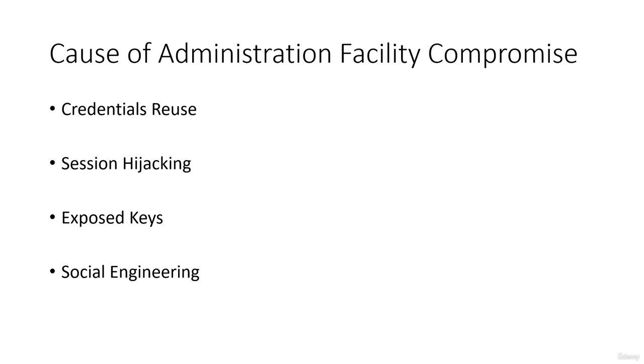We talked about this previously with ethical hacking and session hijacking, and that goes through many of the different ways it can happen. The reason I have included it here is to demonstrate that a weakness in the administration facility itself leads to compromise.